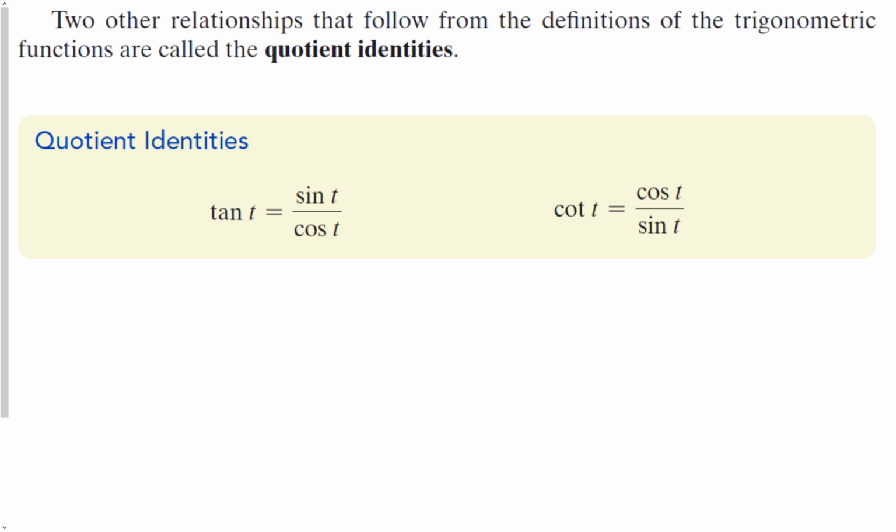There's 2 other relationships that follow this called the quotient identities, that the tangent is equal to the sine over the cosine, and the cotangent of t is equal to the cosine of t over the sine of t. Okay? I know I've been saying sine and cosine, but you always have to have some sort of input, some sort of angle in these functions.